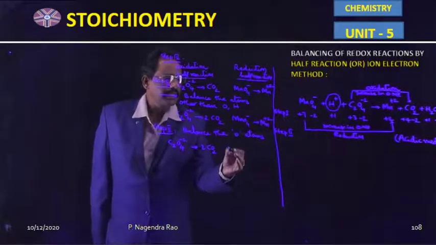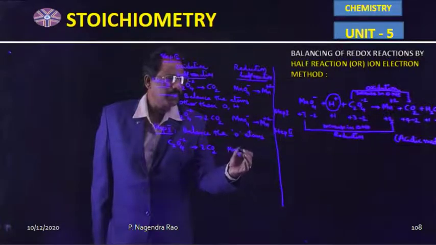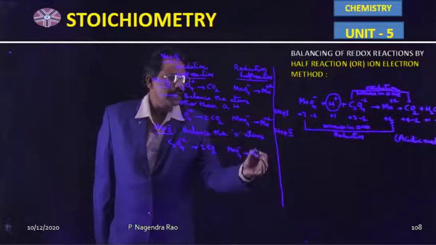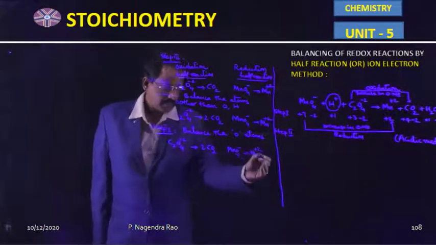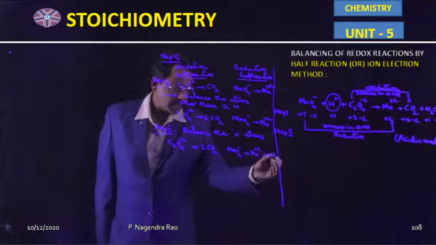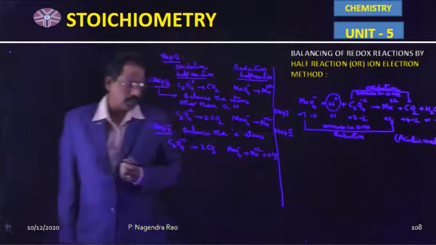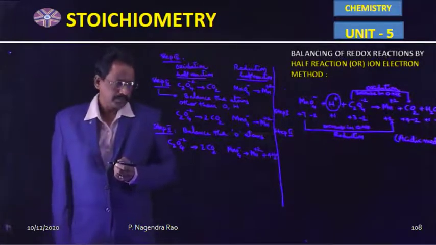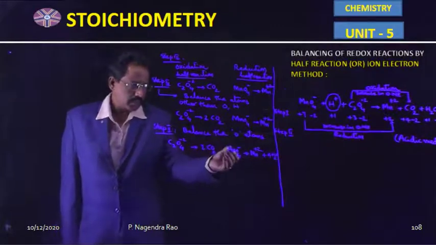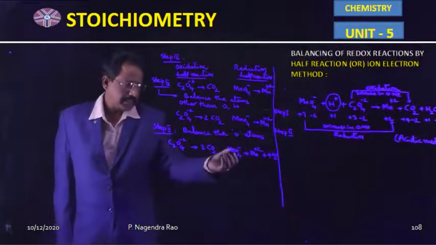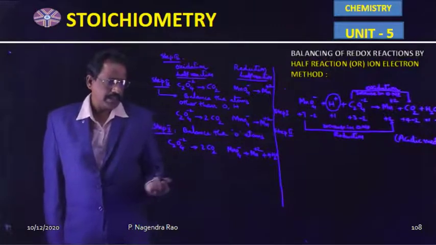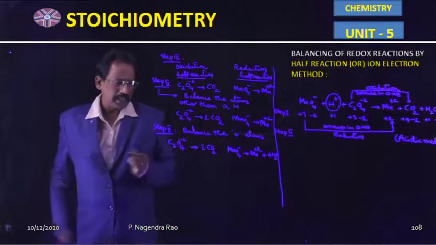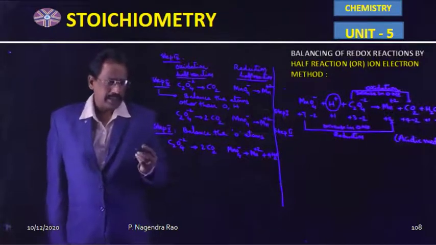That's why it is MnO4 minus gives rise to Mn plus 2 plus 4H2O. Now Mn is balanced. Oxygen atoms are also balanced. In the oxidation half reaction also, both the carbon and the oxygen atoms are balanced.